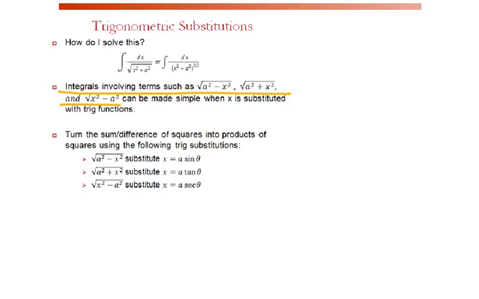If we see a squared minus x squared, we're going to use an x equals a sine theta substitution, which we saw in the initial problem.